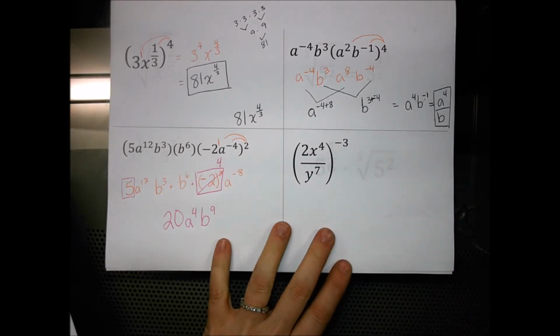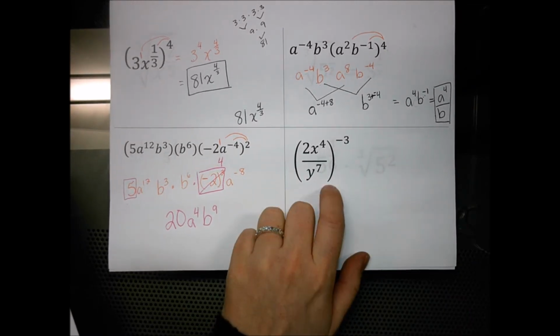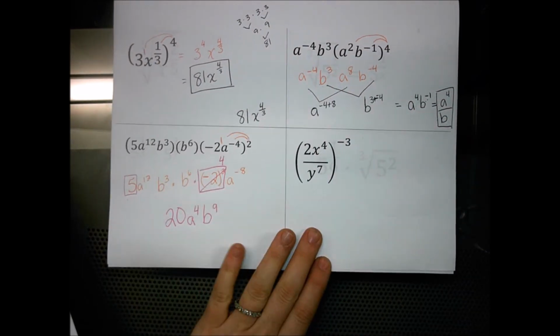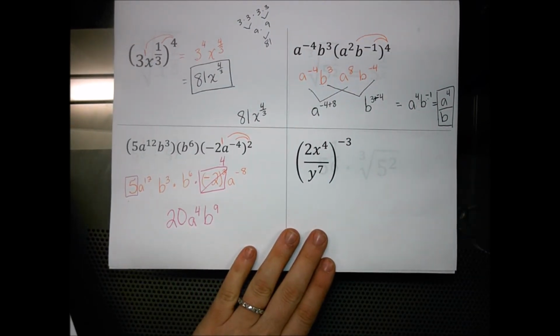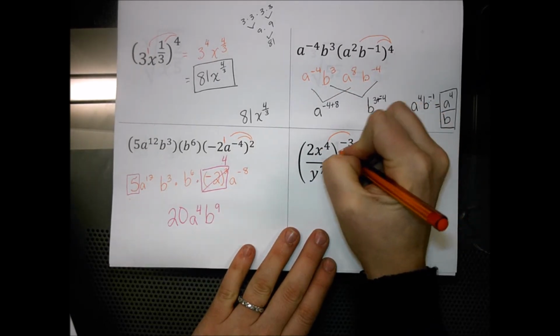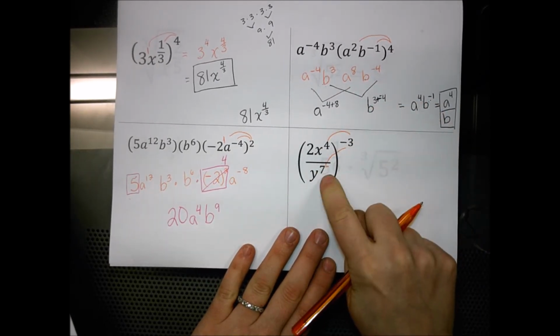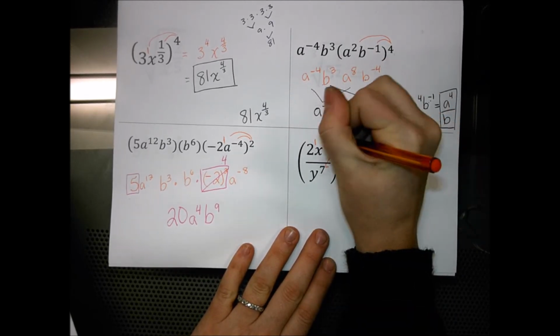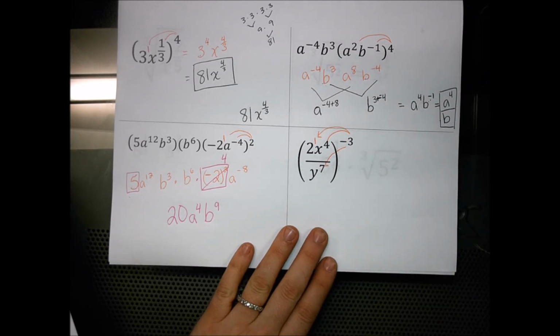And the last one, there's several different ways you could have done this, but let's start off the same way we started all the others. What should we do? Distribute that exponent to every other exponent, including ones in the denominator and including ones that are equal to 1.